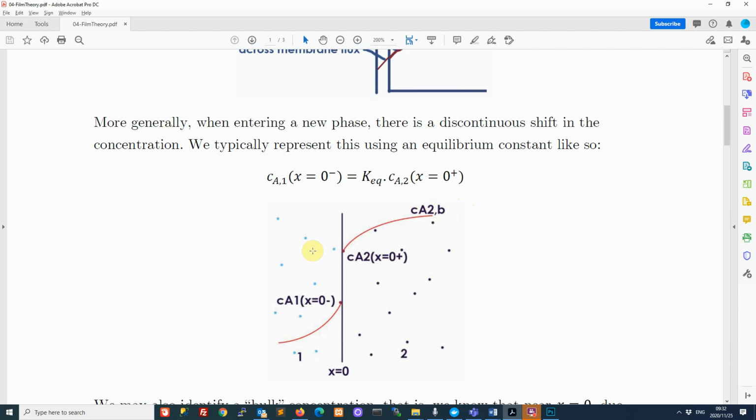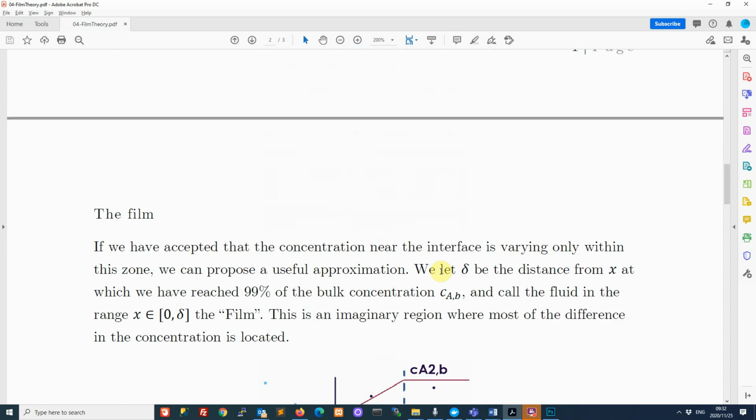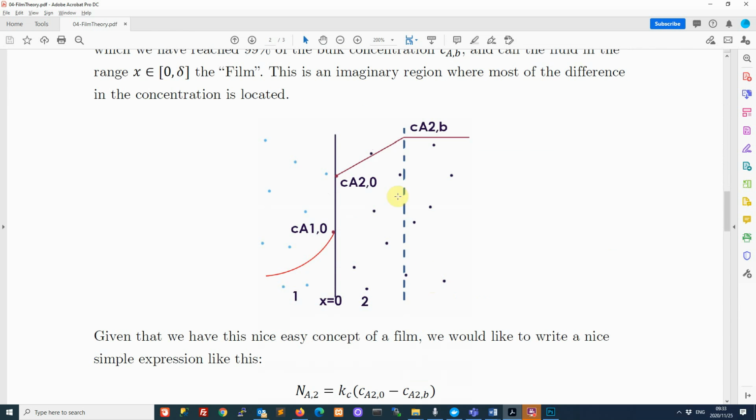And we can say that the distance away from the interface where we reach 99% of that bulk value, we define to be the film. Right, so we define this film kind of implicitly. We can't say it's going to be exactly the bulk value, but it's at least 99% of the bulk value.